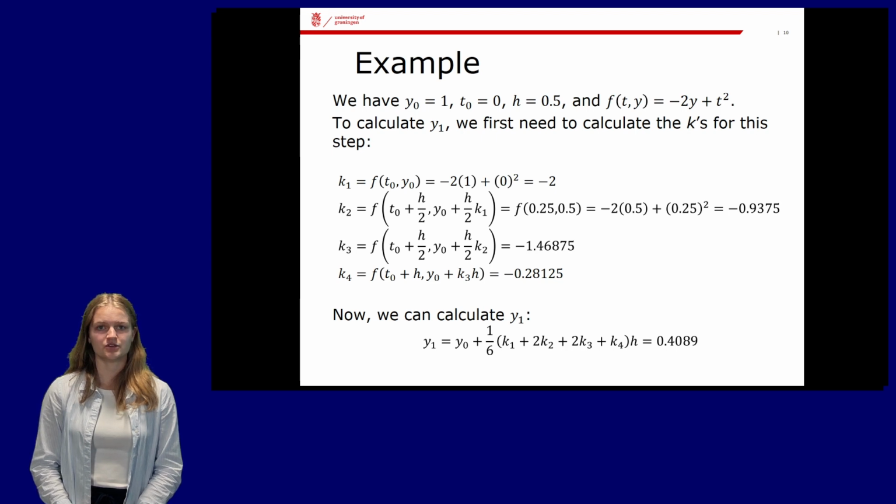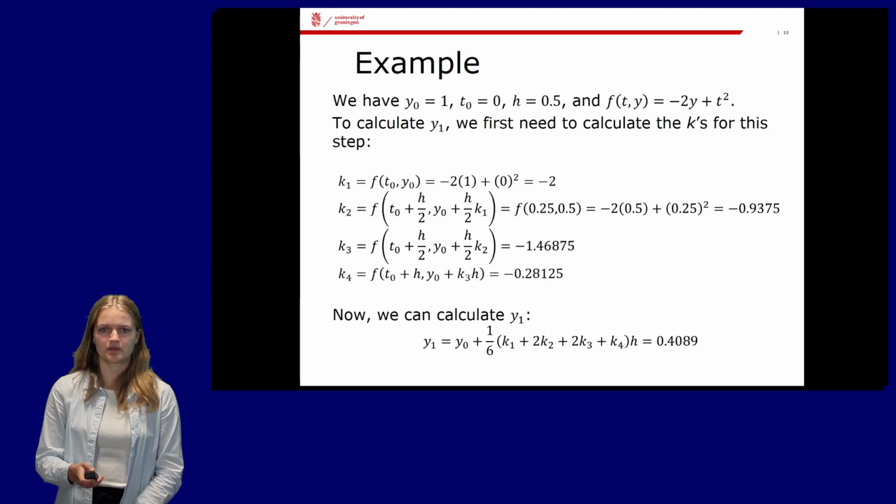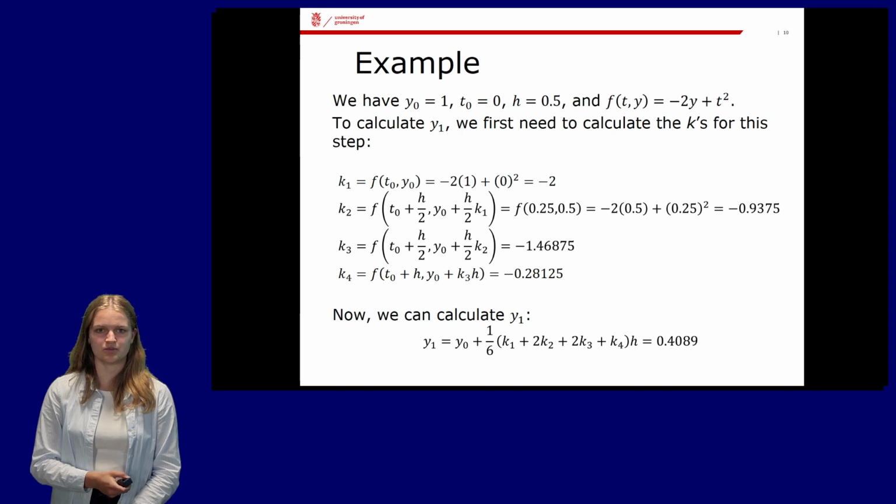Then we use this value of k1, we substitute that into the expression for k2 to get the value for k2. And in such a way we can calculate y1, which is given in the last row of the slide, where we've calculated y1 to be 0.4089.